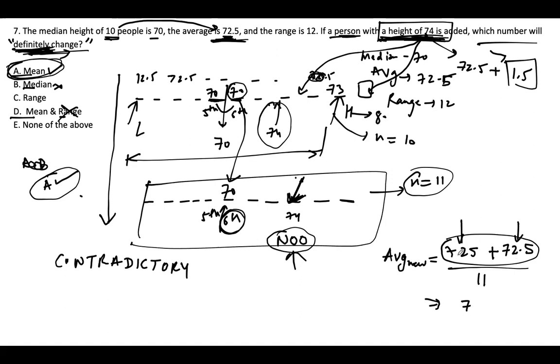This will be 797.5. If you divide this by 11, you'll get 72.5. So is the average changing? Sum is changing, number of samples are changing, but they are changing in such a way that the average is the same. So numerator is increased, denominator is also increased.